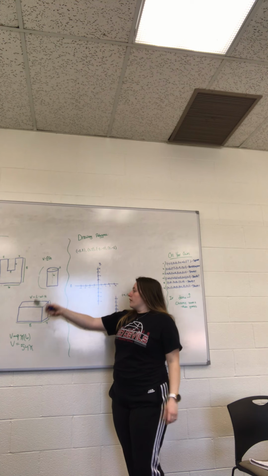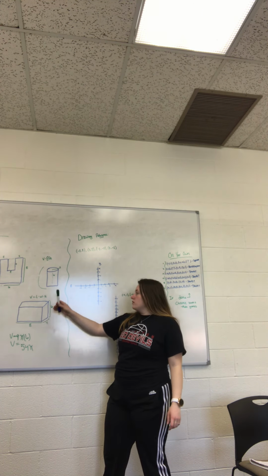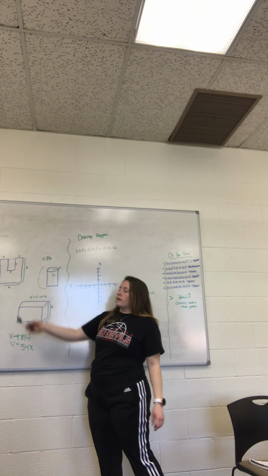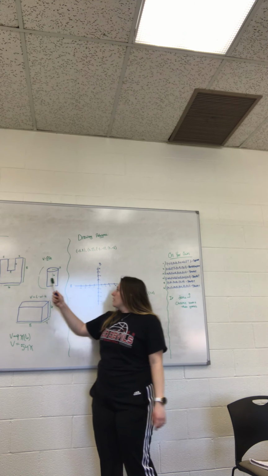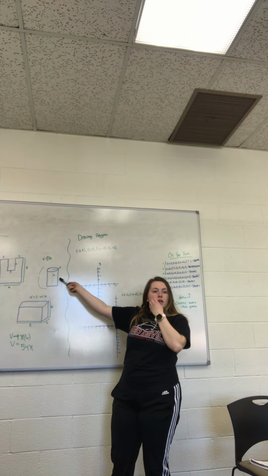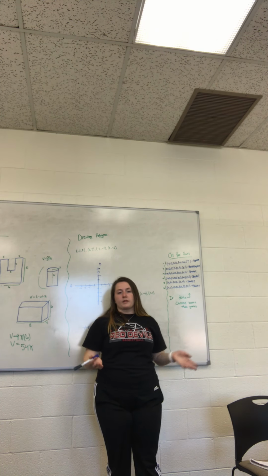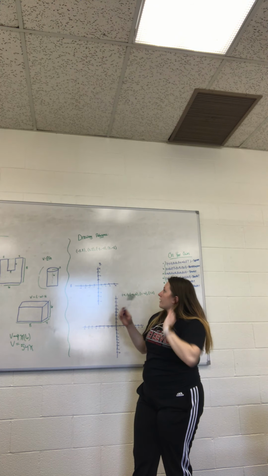So this right here would not be a polygon because it's not just straight sides, and it cannot be drawn on here in 2 dimensions, right? This is a polygon. Is this a polygon? No. It just has straight sides, like a piece of paper. So that's what a polygon is.